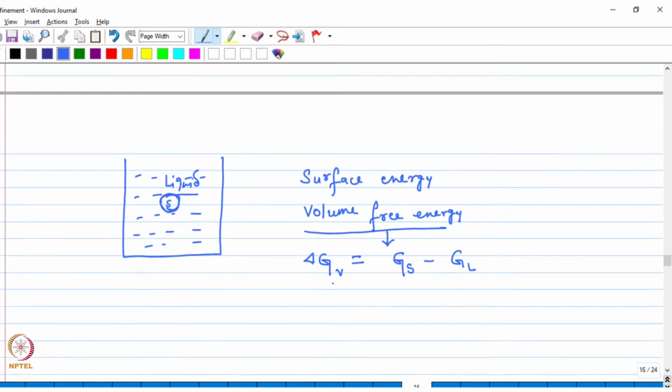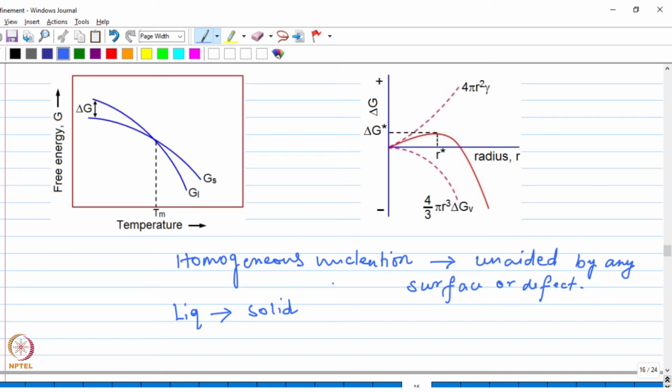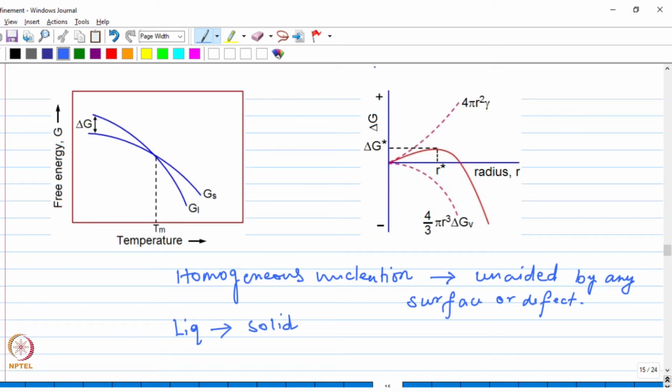liquid. So let us go back to this diagram now. You can see that at the melting point, these two free energies are equal and therefore delta G is 0, right? At the melting point.